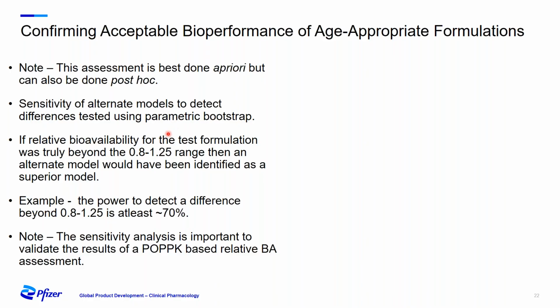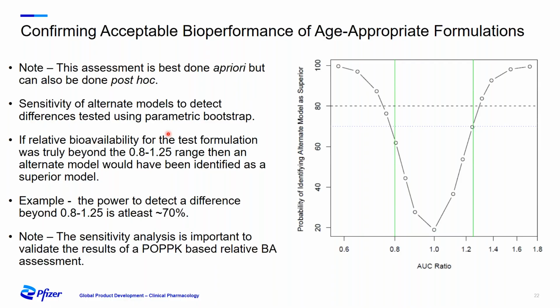What is done is that you use the models assuming a certain difference and you do simulations, and with the simulations you fit them using the reference model and the alternate models which I showed in the previous slide, and identify how many times you were able to detect the true difference, because remember you are simulating with a difference.